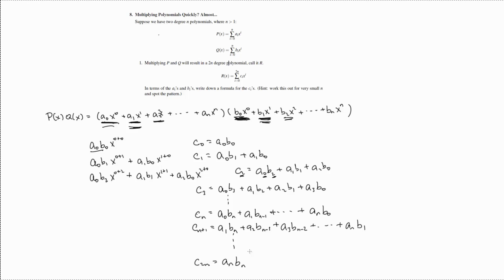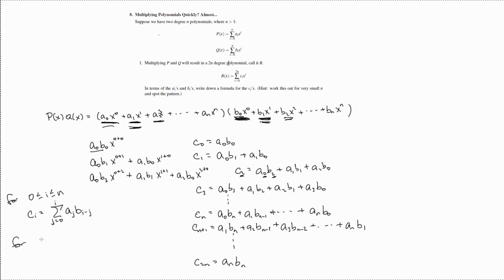More generally, we can write down the formula for i between 0 and n. We have that ci is equal to the sum from j equals 0 to i of aj times b i minus j.